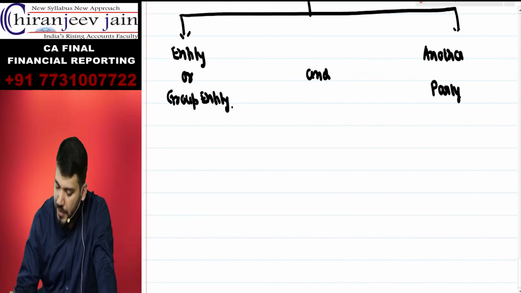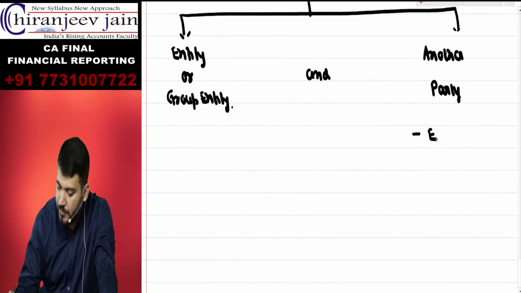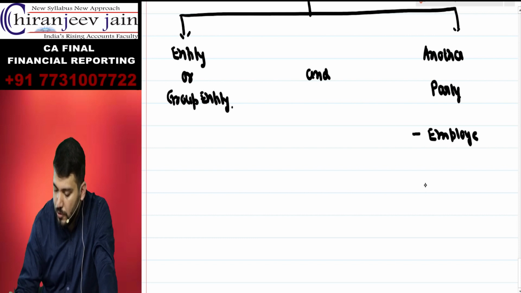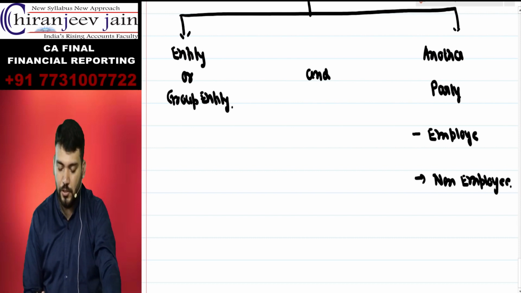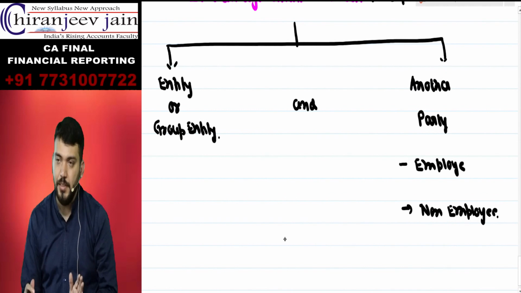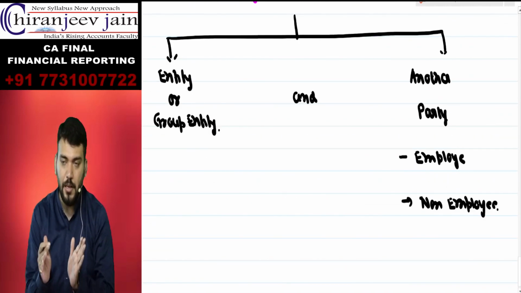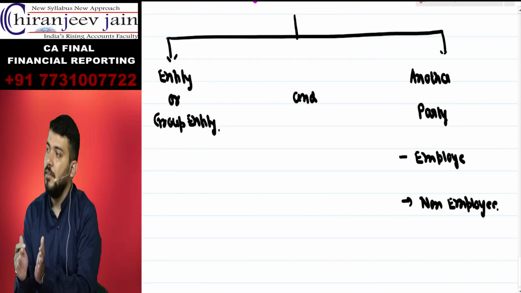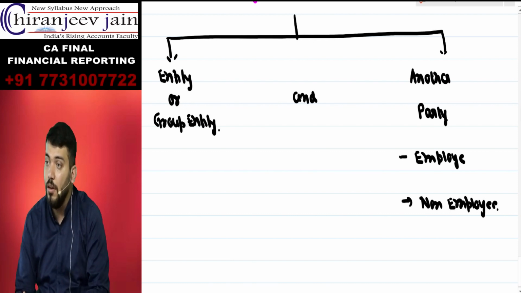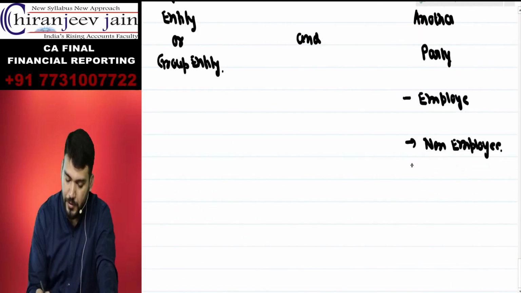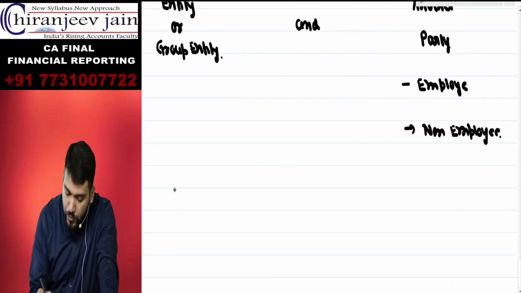This another party can be either an employee, or it can be a non-employee. So it is an agreement between two party. Party means entity and another party. Another party can be employee or non-employee. Understood?